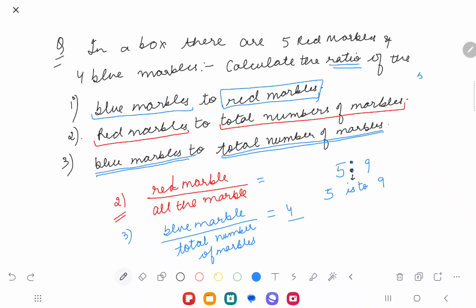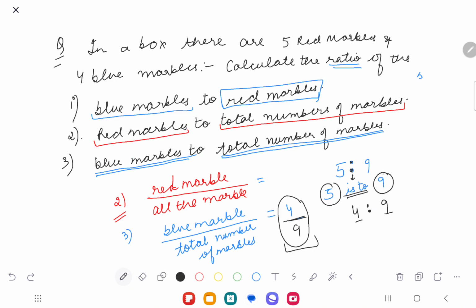And how many are the total marbles? 9. But do we have to write it down like 4 over 9? No. Then how should I write it down? 4 is to 9. Read the dots. 4 is to 9.